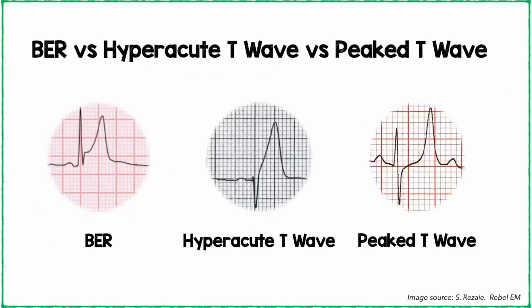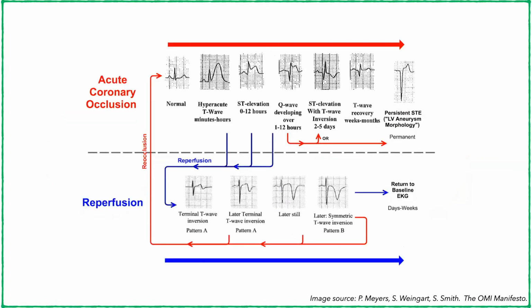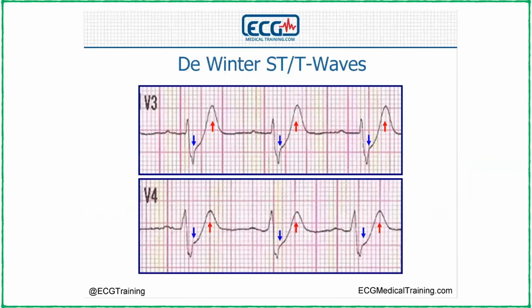We then take a time, there is a didactic portion, right, where we talk about the subtle differences between the appearances of these on EKGs. We talk about the time course of EKG changes within the context of acute coronary occlusions, and then specific morphology, such as was in this EKG, like the De Winter T wave, which is a very early finding of acute LAD occlusion.